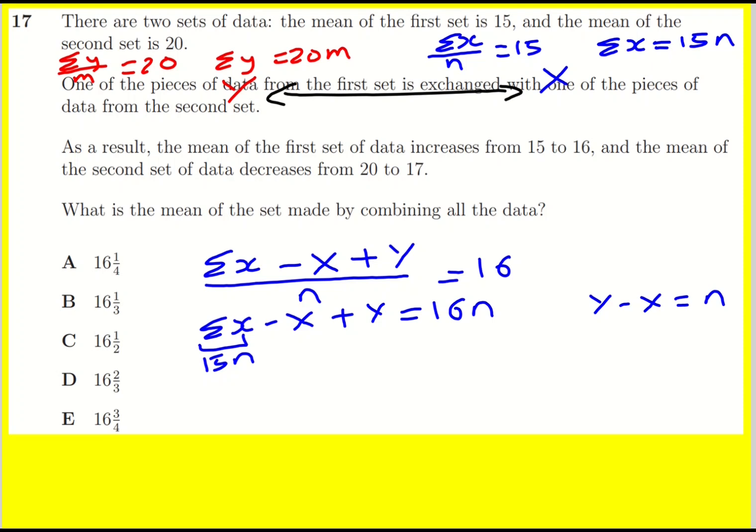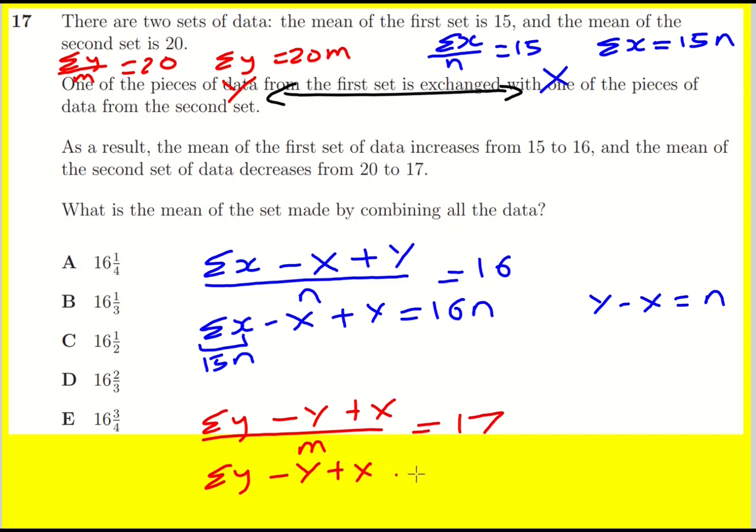And let's do the second one. The sum of y, then I'm minusing y, then adding x, and still divided by the same number, is now going to equal 17. So the sum of y minus y plus x is going to be 17m.